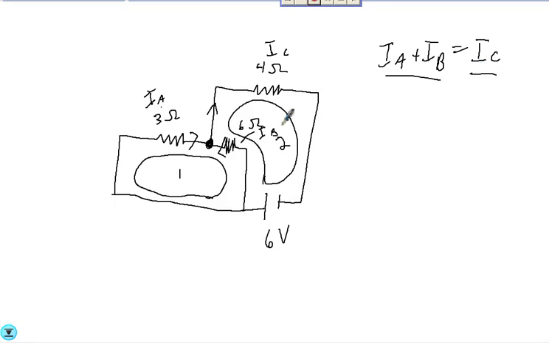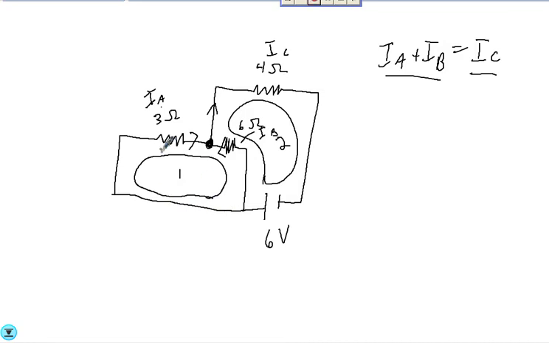Okay, so for loop 1 here, notice that loop 1 does not have any batteries in it, and that's okay. We'll just still treat it the exact same way.